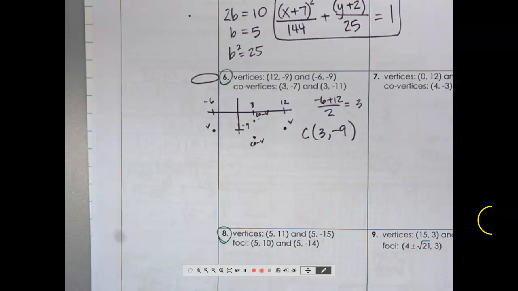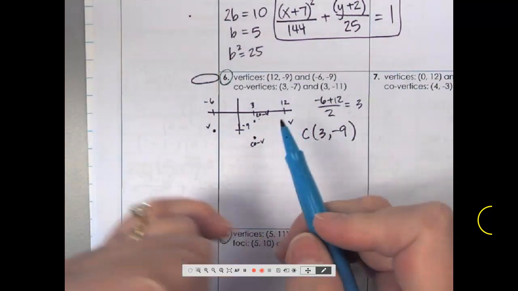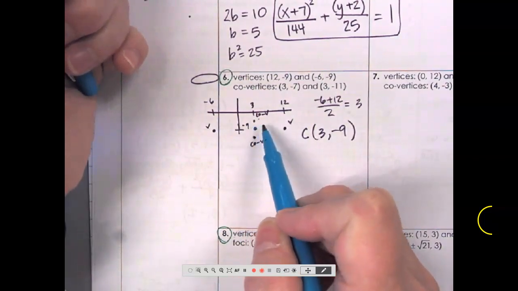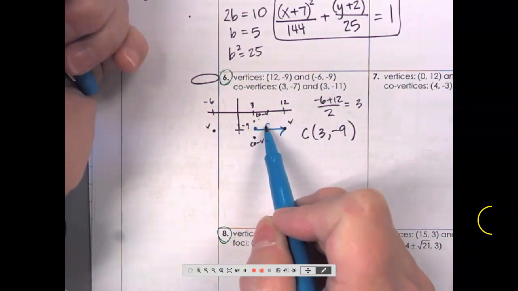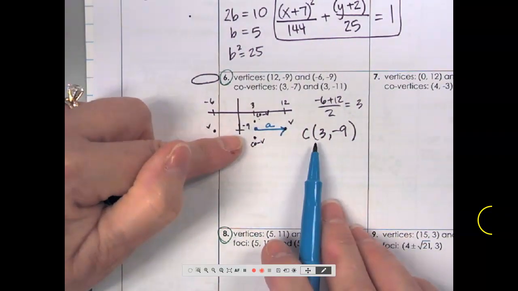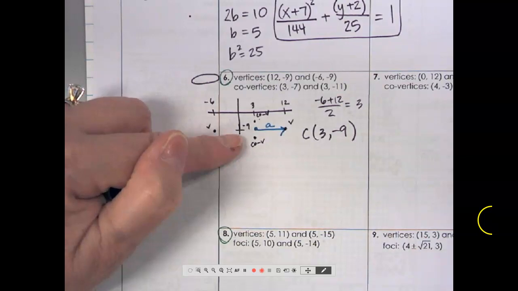Okay, any other questions so far on finding the center? Now we have to find A and B so that we know A squared and B squared. That's pretty easy on this one because they gave us the vertices and co-vertices. So the distance from center to here is A. How far is it from 3, negative 9 to 12, negative 9? 9, right?